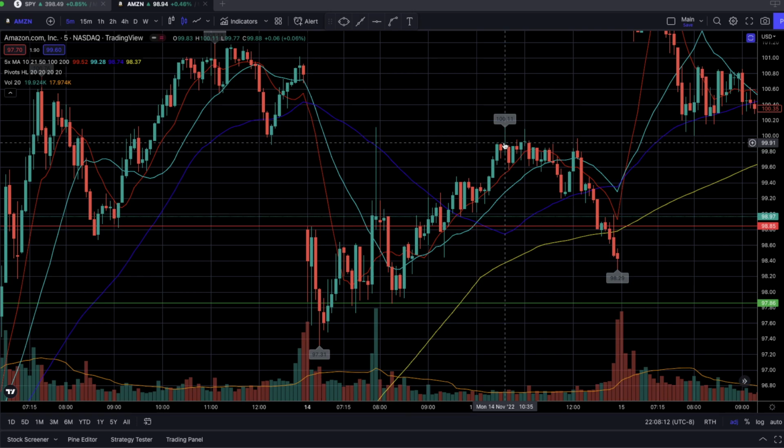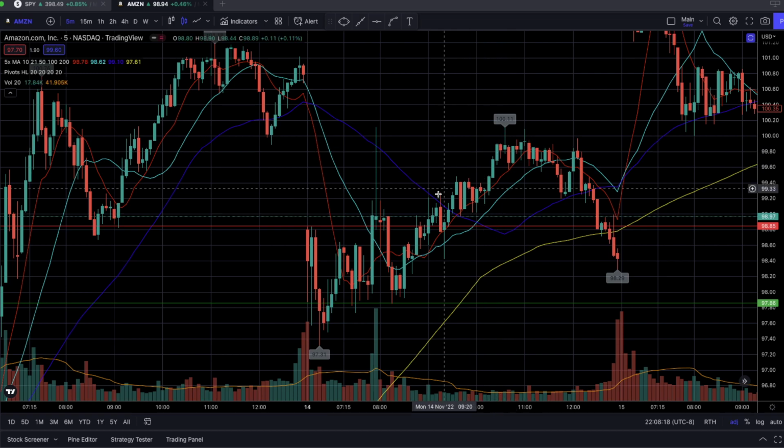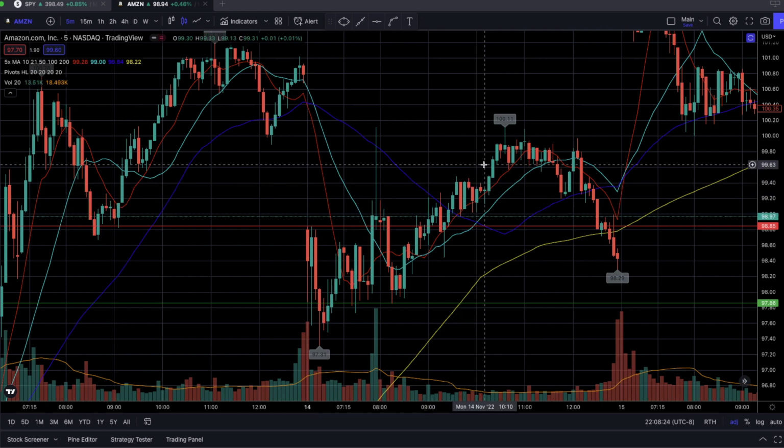This is a great area to take some profits into strength, and the price has been moving higher with higher highs and higher lows. And if we decide to reject off of that $100 level, since we have broken it to the downside and we're now going to use it as a potential level of resistance, it might be a good time to exit out of these contracts, especially since it is a weekly expiration.